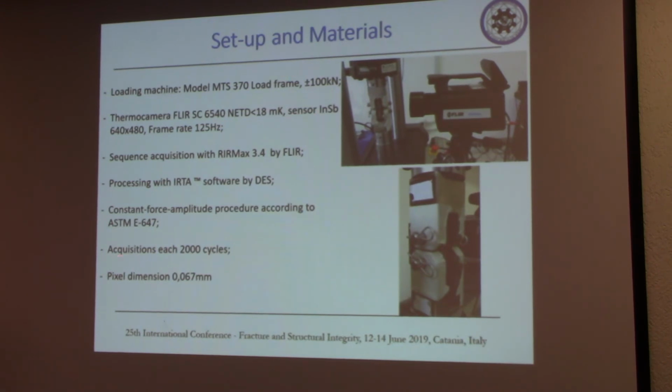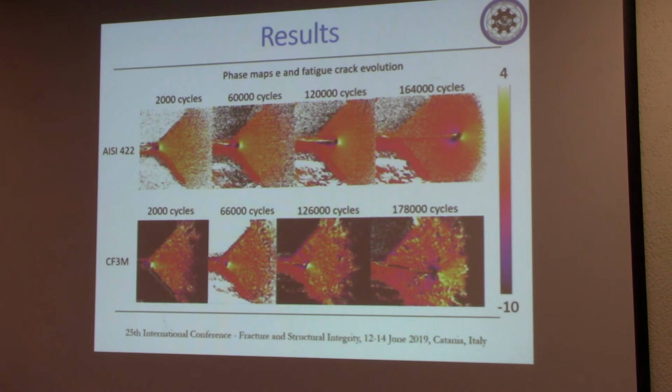For each acquisition, we acquired a thermal sequence every 2000 cycles, and a pixel dimension of 0.067 millimeter was obtained. Yes, these are the results.